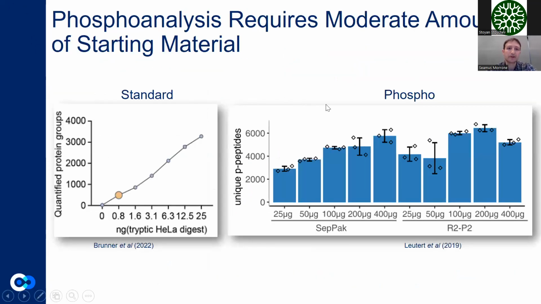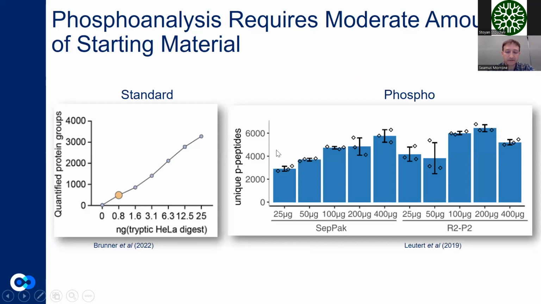So the second point: it requires moderate amounts of starting material. The field is progressing, especially with the standard tryptic digests, towards less and less sample. Even with 25 nanograms of starting material, you can characterize and quantify over 3,000 proteins.